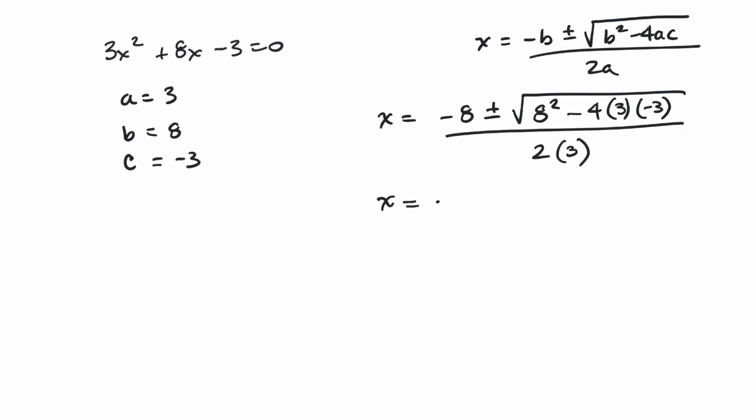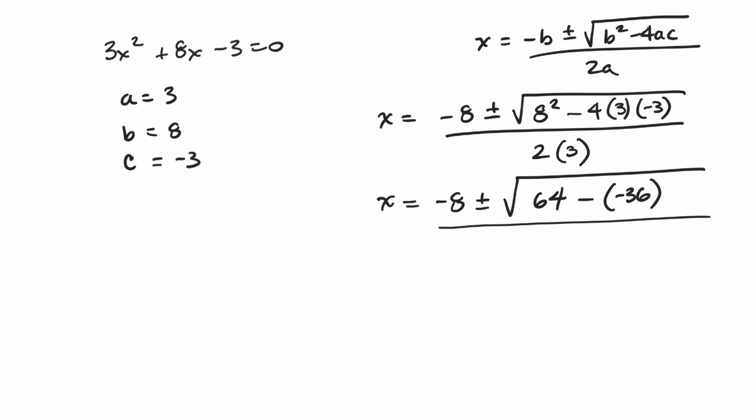So x equals negative 8 plus or minus the square root of 64 minus, and then that'd be 12 times negative 3, that's negative 36. All that is over 6.